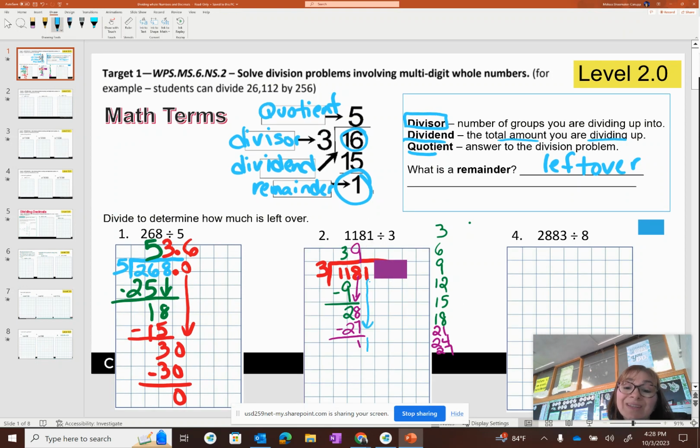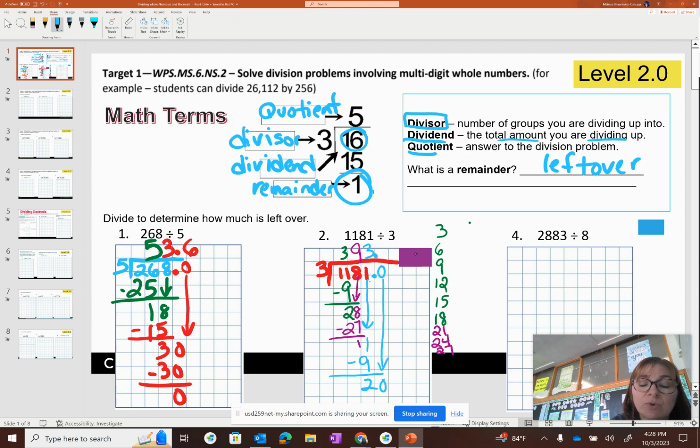How many 3s go into 11? Well, I'm going to go back up here to 3. I feel like I already did that. And so we're going to try adding a 0. Now, some of you might find it difficult just to get to this place.